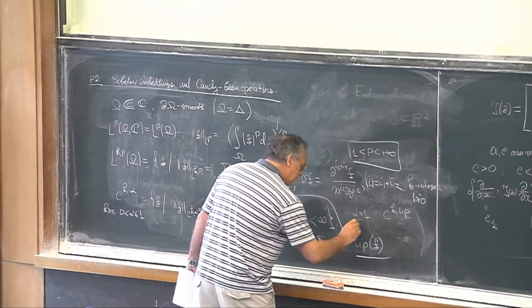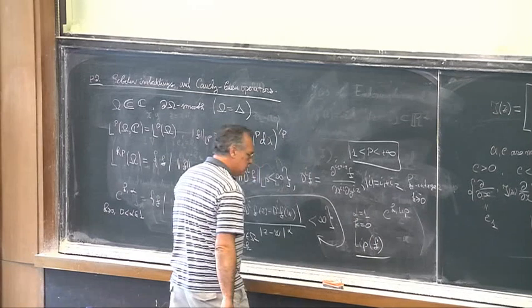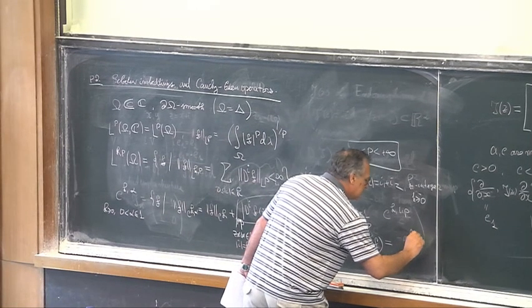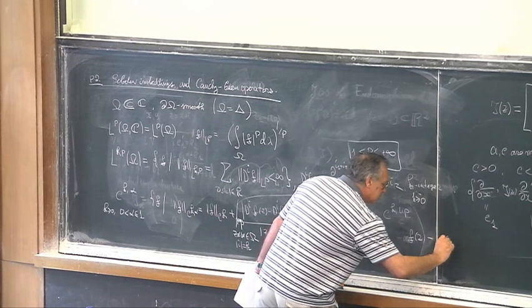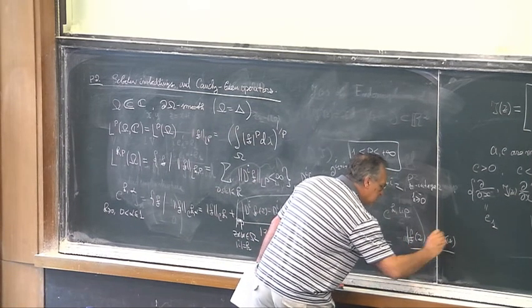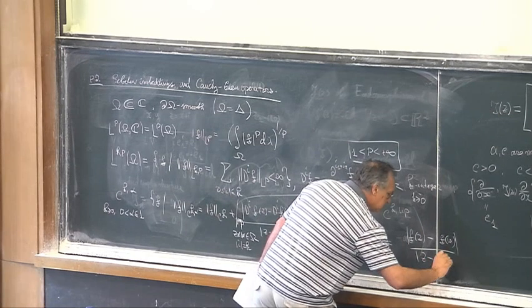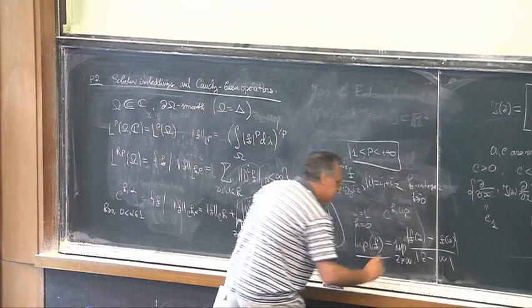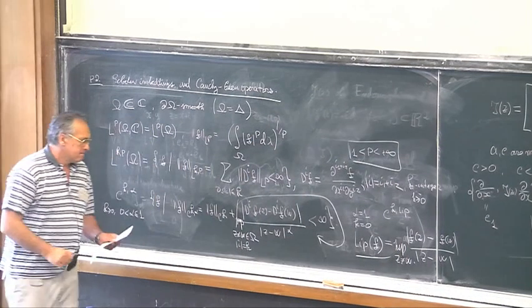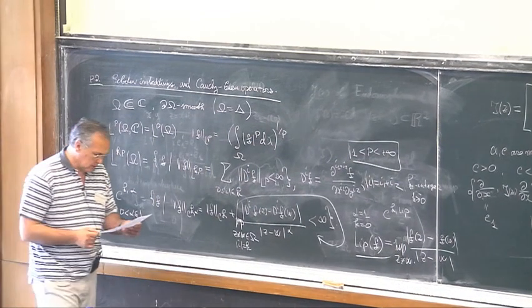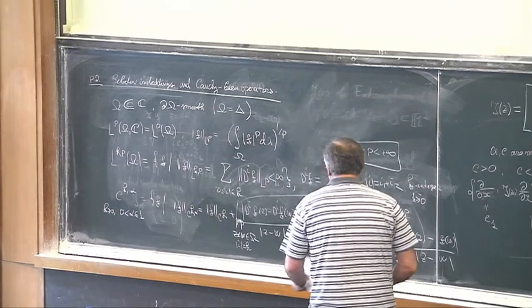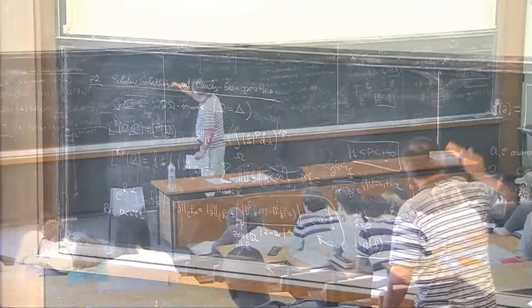If alpha is equal to 1 and k is equal to 0, the Lipschitz constant is the sup over z not equal to w of the absolute value of f of z minus f of w divided by the absolute value of z minus w. Okay, I think that's all I need about functional spaces.